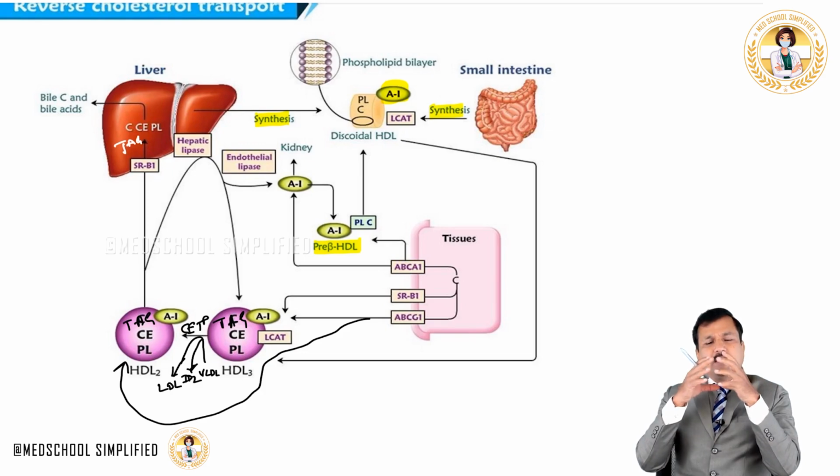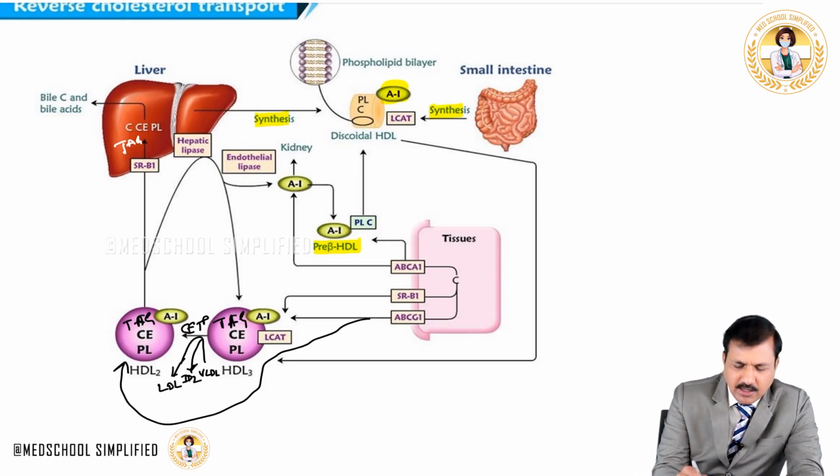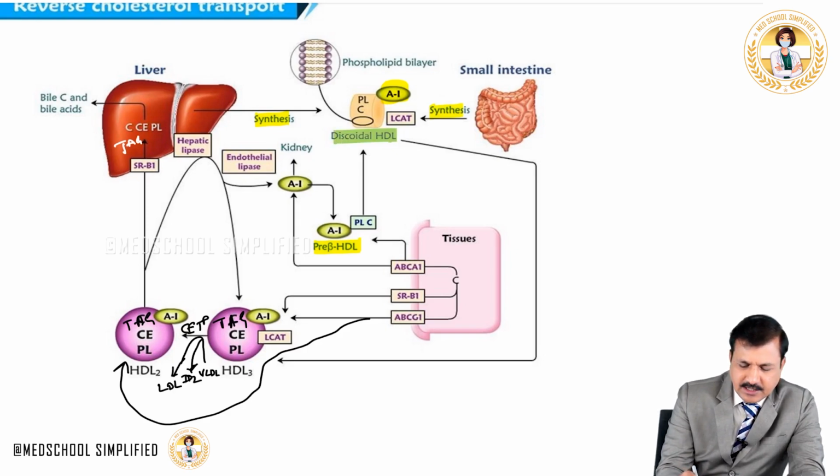So all that will make a discoidal mass called discoidal HDL, which is a nascent HDL.